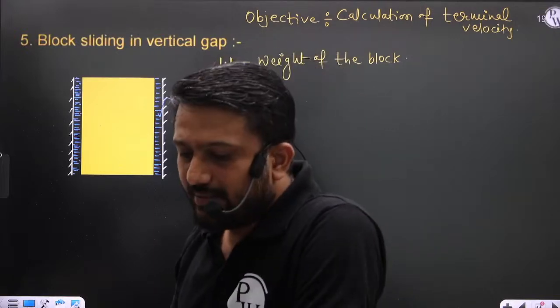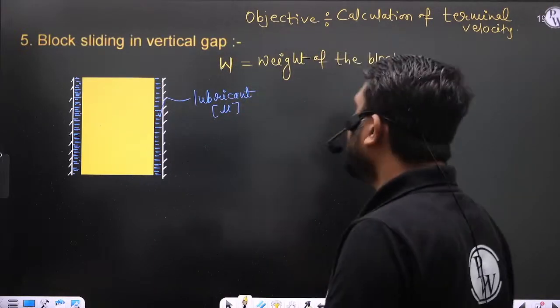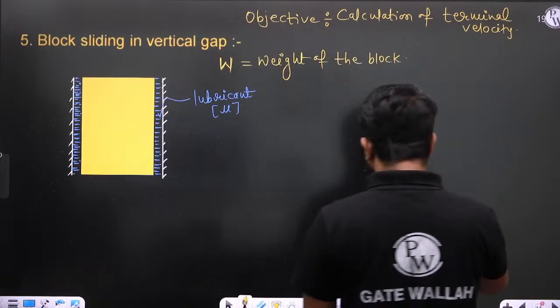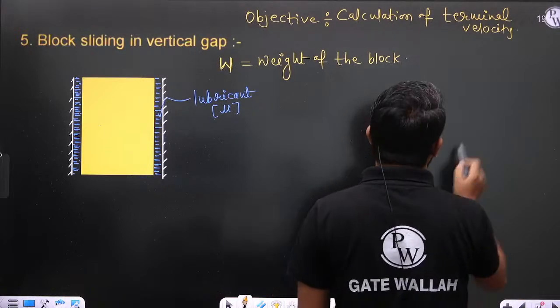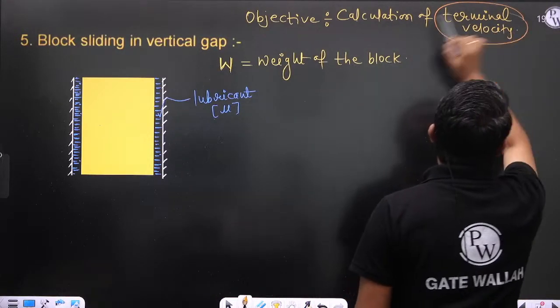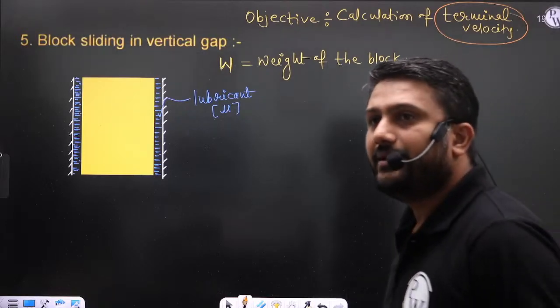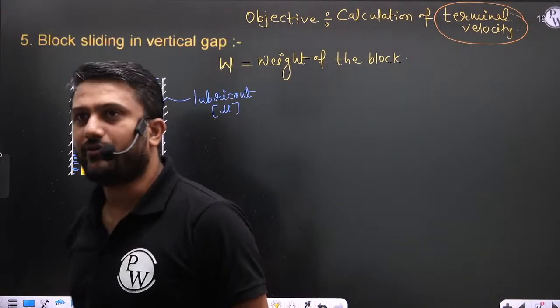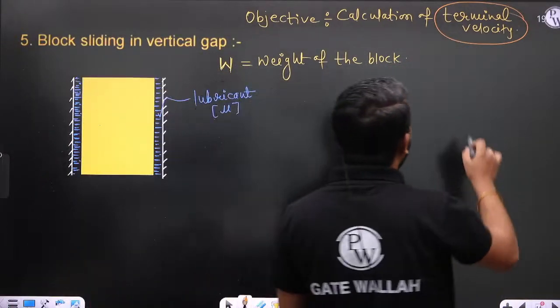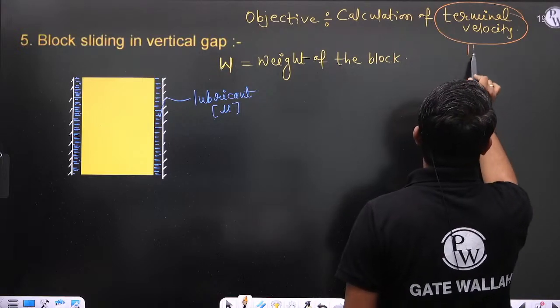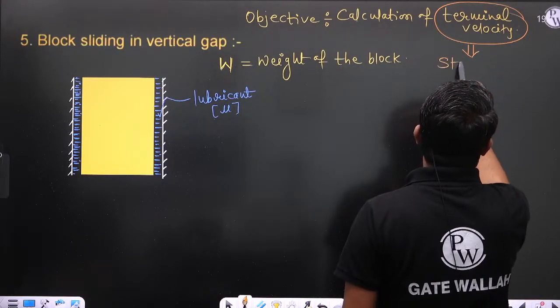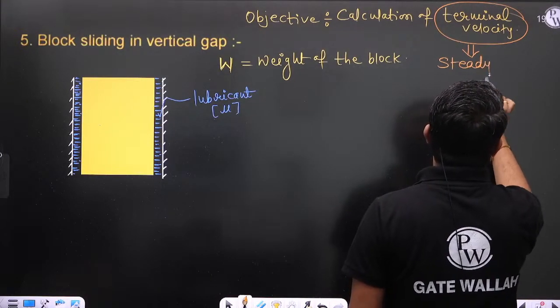So what is the terminal velocity? Can anyone tell me what is the meaning of the terminal velocity? Terminal velocity means steady state velocity.